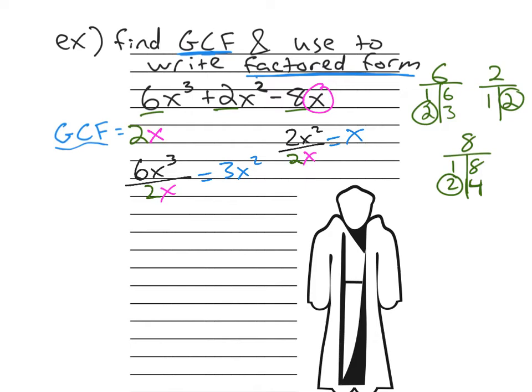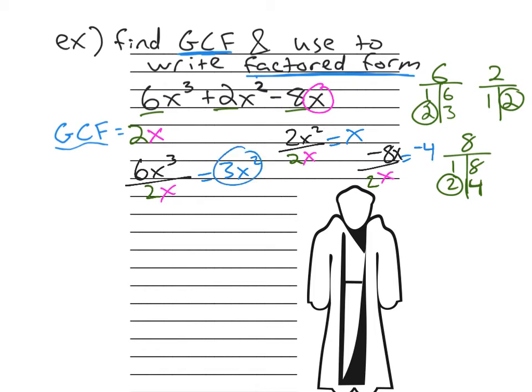And now our last term, take the negative on this one. Our last term is negative 8x divided by our GCF of 2x. What does that equal? Negative 4. Oh, we have to put the x on the negative 8x there. Sorry. What's that equal? Negative 4.